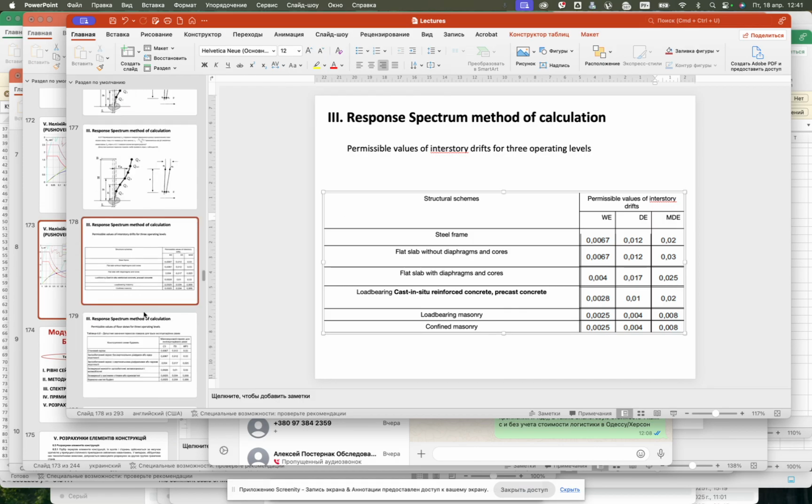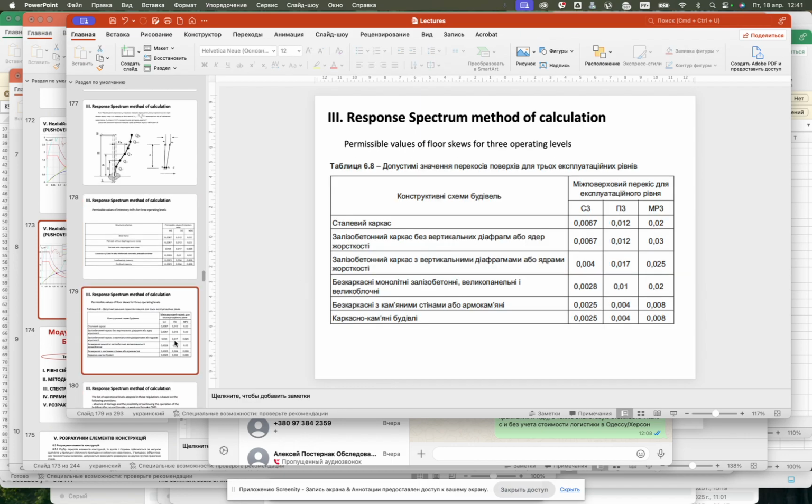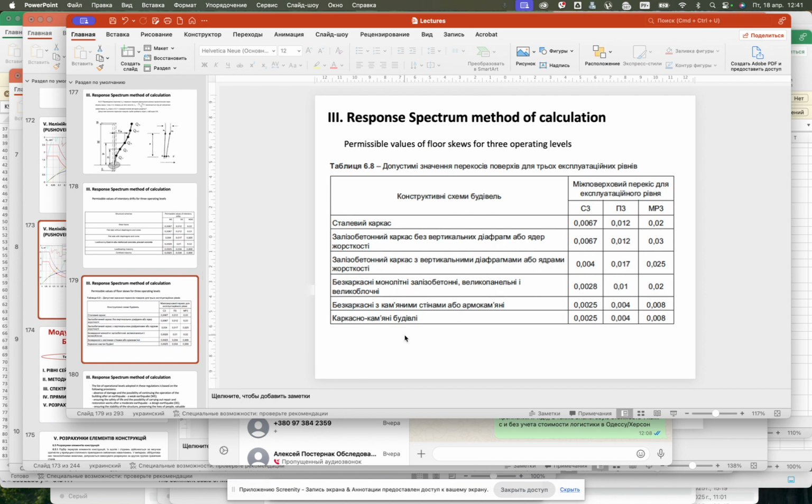So, are there any questions on this part? Is everything clear, or do you need an extra explanation? So next, same case, same table, but in Ukrainian, and as I described, same rule.